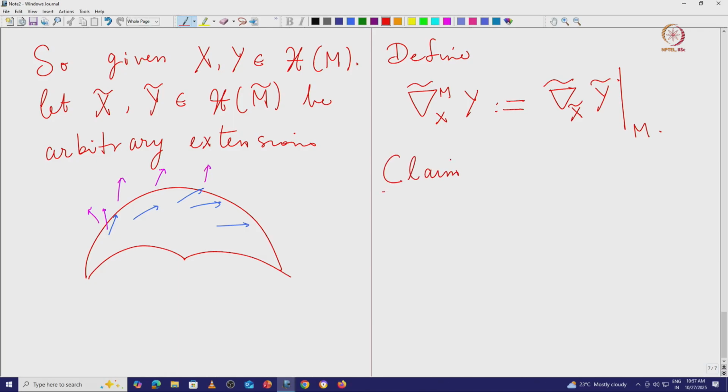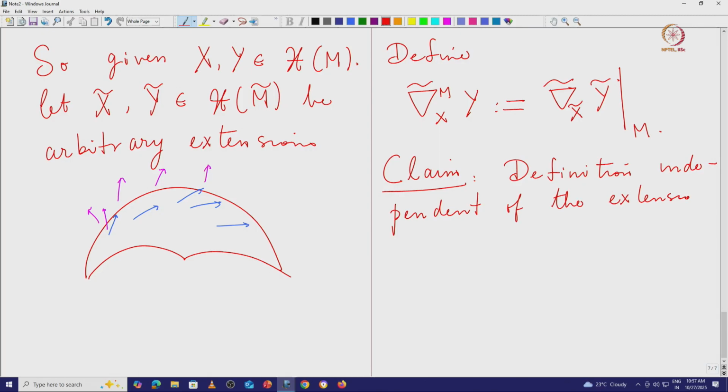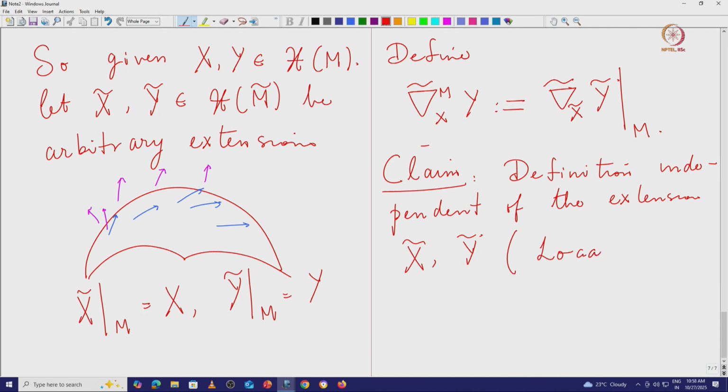And the key claim that you need to show is that that definition is independent of the extension. So as long as x tilde and y tilde satisfy the property that restricted to M, they are basically equal to x and y, it does not matter what extension you pick, you will always get the same definition, and this is because of our locality theorems, okay.